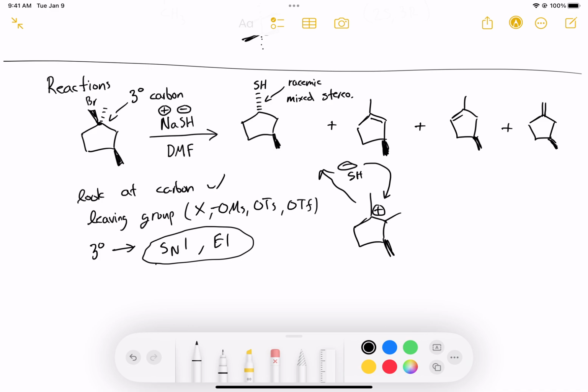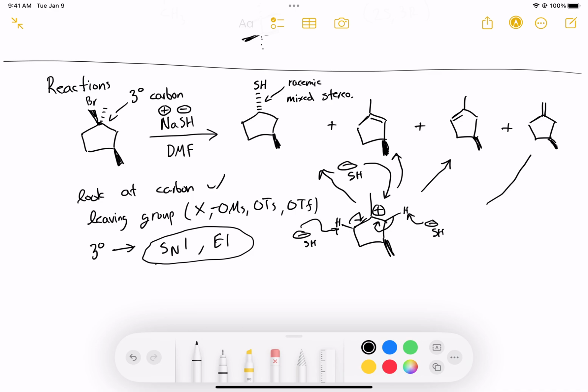if it attacks this hydrogen, SH minus can do this, an E1 type elimination here. So that will give us this product. Now, if it went here, that means SH minus attacked this hydrogen here to go over there.